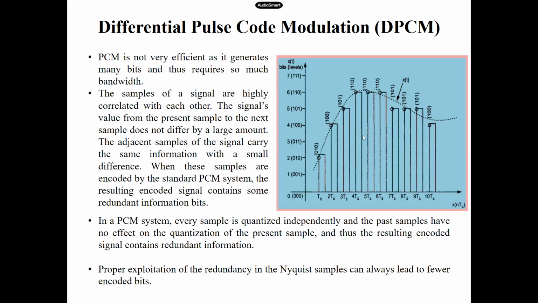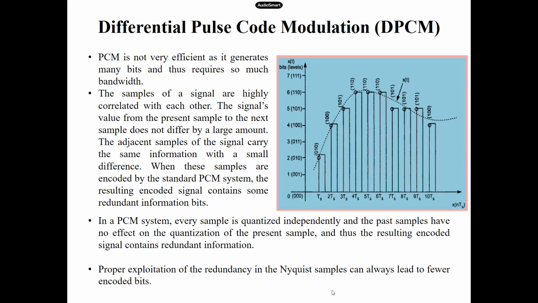So what it means here is that you will find some redundant bits, meaning reappearance, basically. Due to this, the system requires larger bandwidth.